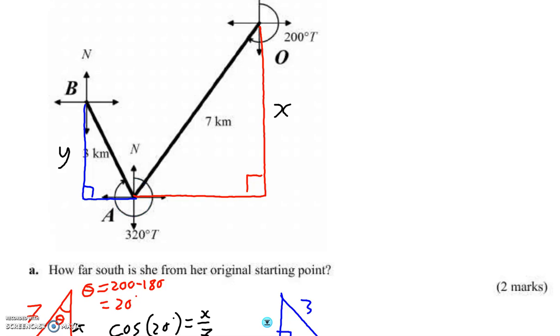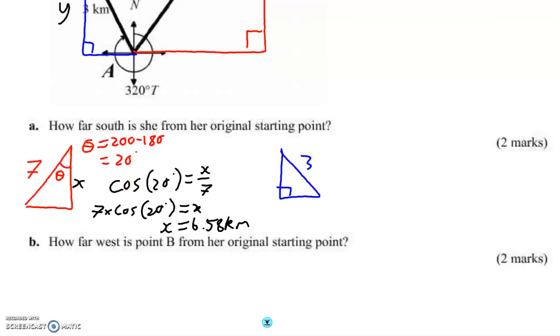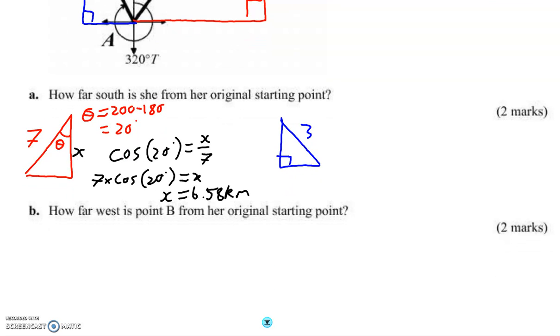So, to find what I will call alpha, alpha is going to equal 320 degrees minus 270 degrees, which is going to give us 50 degrees.